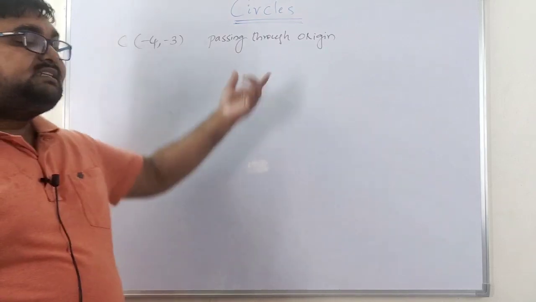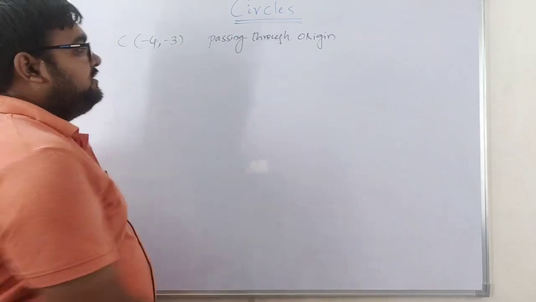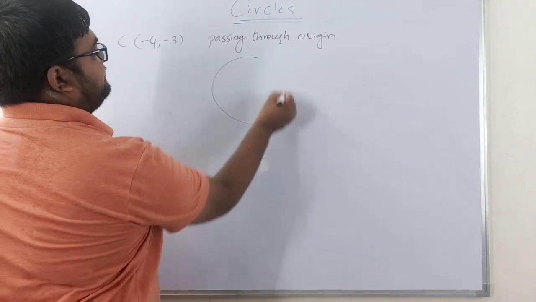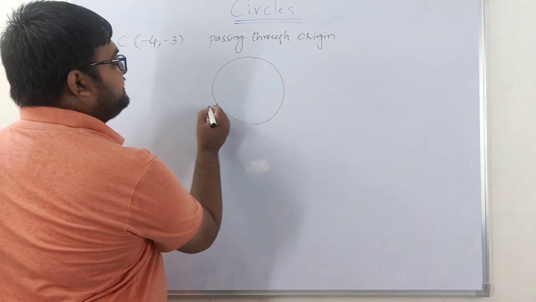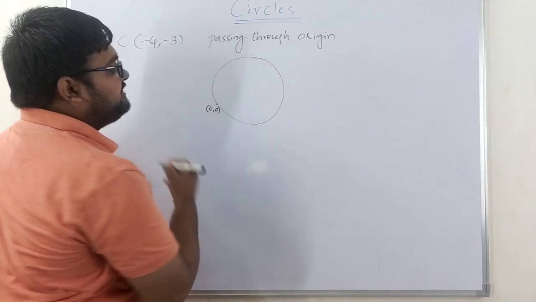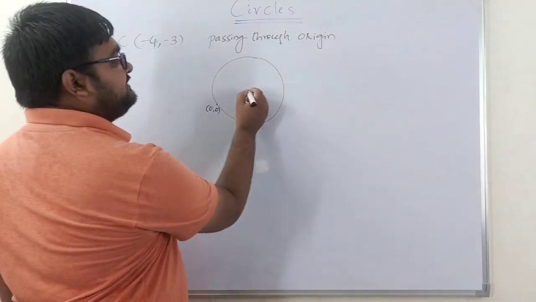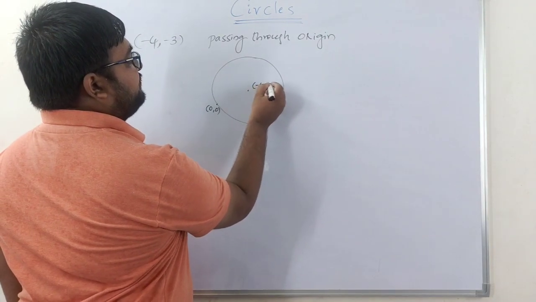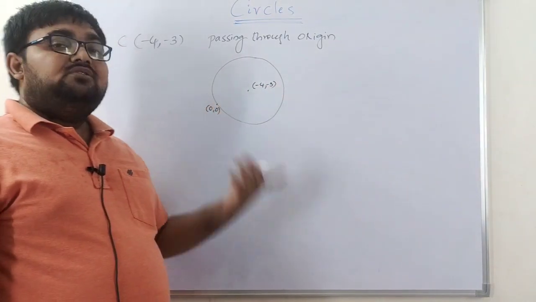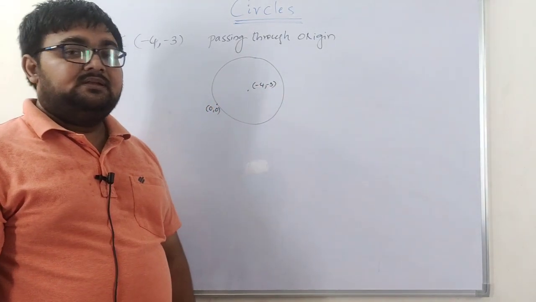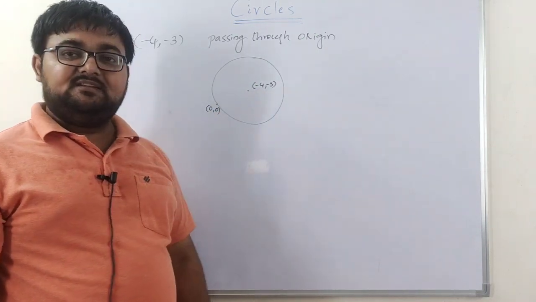So in these type of questions, first of all we need to visualize the figure, right? So first of all think of a circle. This circle is passing through origin, that means there is a point 0 comma 0 on this circle and the center is given as minus 4 comma 3. So what do you observe from this? This is nothing but a point on the circle and this is nothing but center.